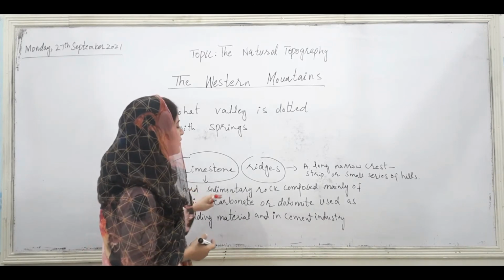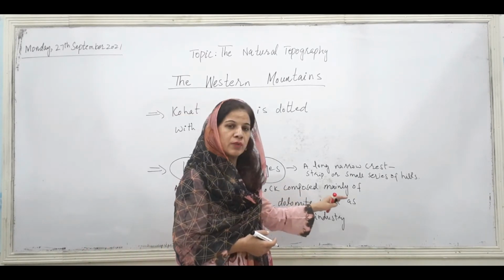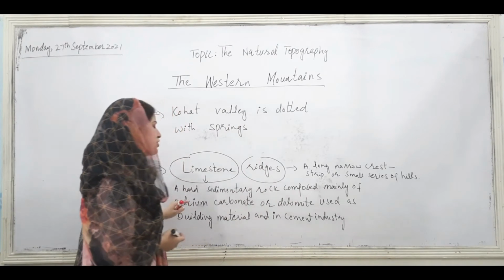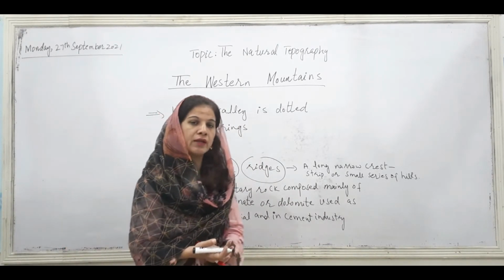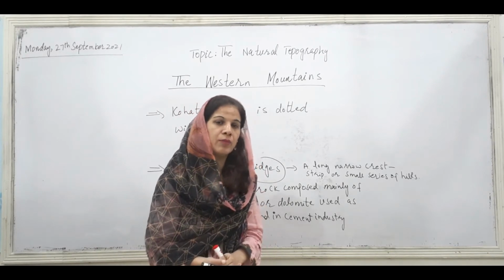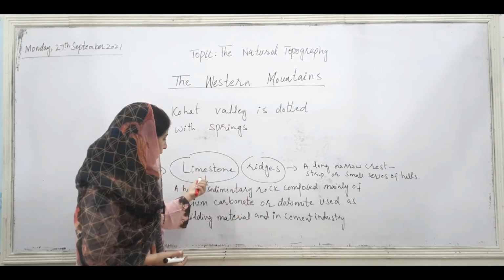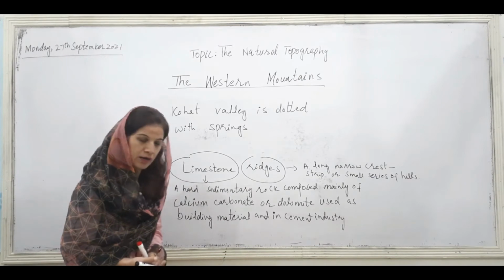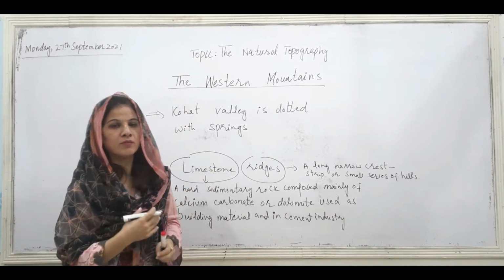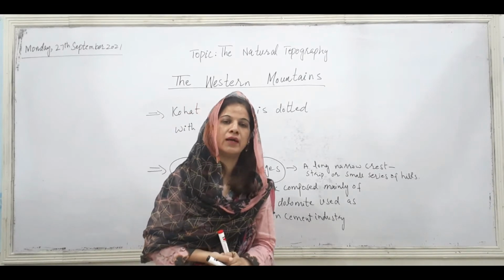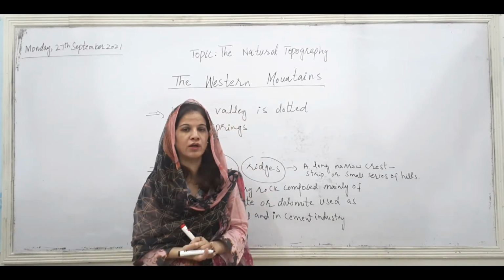This is a hard sedimentary rock that is composed mainly of calcium carbonate or dolomite. Calcium carbonate and dolomite make the limestone, a hard rock, and this rock is used in the construction industry as well as in the manufacturing of cement.